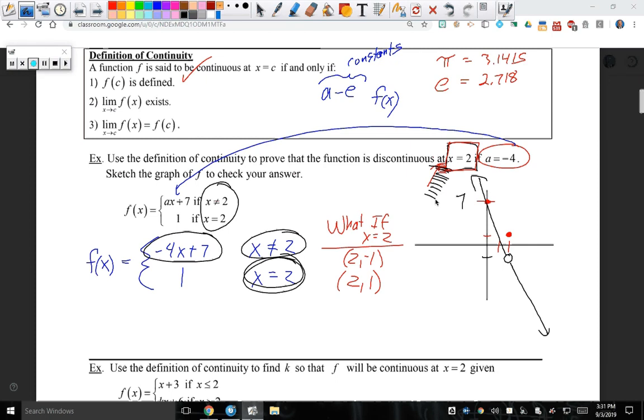So these are like your side notes, just little quick notes to get the answer, but now you still have to prove the answer. Okay? Rule number 1. F of 2 is defined. Can someone tell me what f of 2 equals? 1.